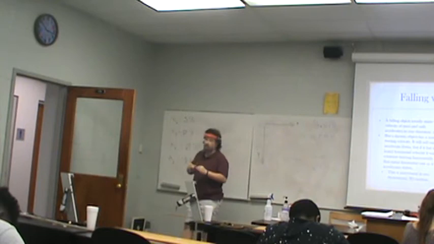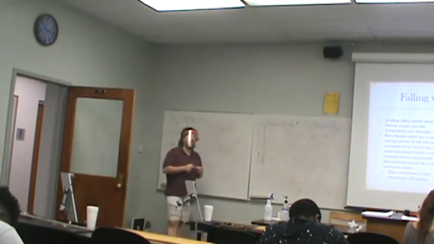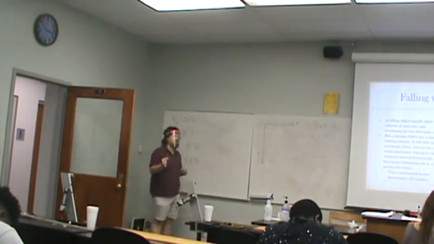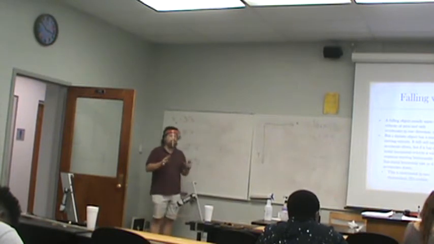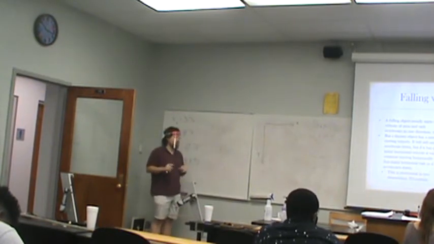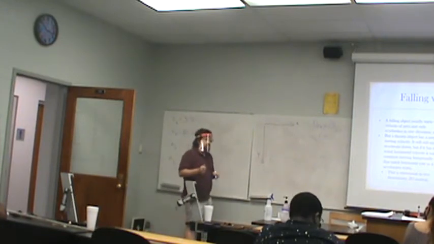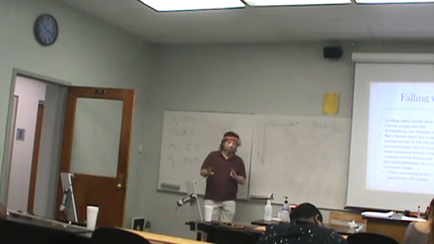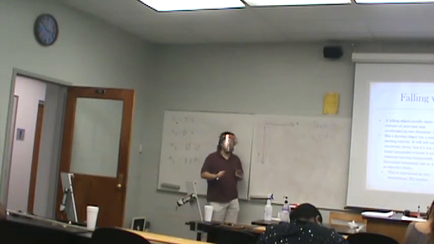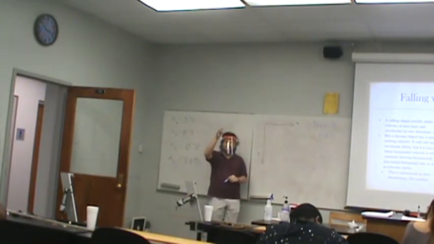Remember from last time, an object that is in the state of free fall is only being acted on by the force of gravity. No other significant forces are causing it to accelerate. As long as only gravity is affecting it, it is technically a projectile, even if I just drop this projectile.